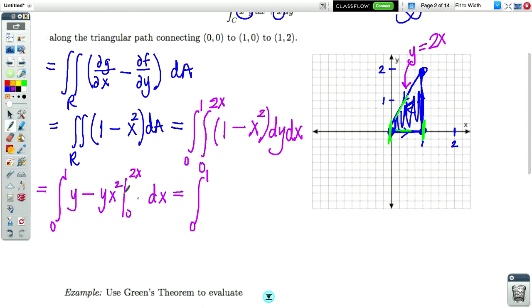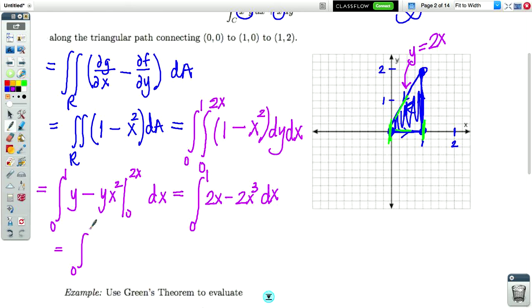From 0 to 2x, well, 0 kills the entire thing off, so really this just means plug in 2x for everything. And when I plug in 2x for y, this just becomes 2x. And when I plug in a 2x here, I've got 2x times x squared, so really this becomes minus 2x cubed. And I'm integrating with respect to x, and you can see how simple this is getting really quickly.